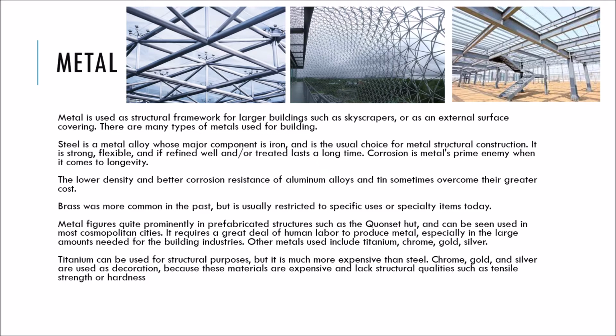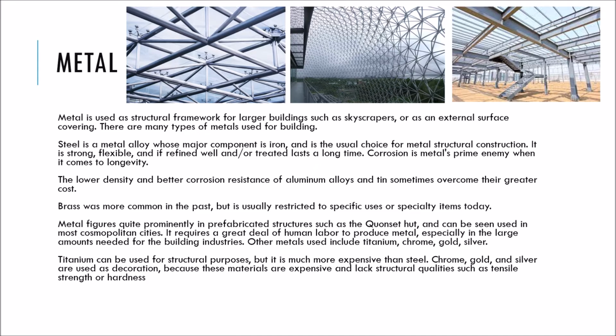Corrosion is metal's prime enemy when it comes to longevity. The lower density and better corrosion resistance of aluminum alloy and tin sometimes overcome their greater cost. Brass was more common in the past, but is usually restricted to specific uses or specialty items today.